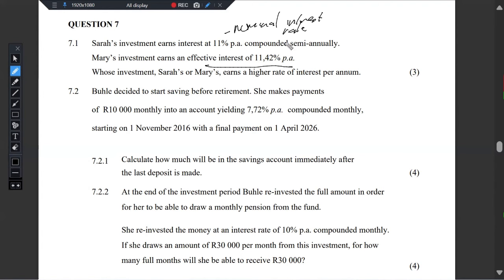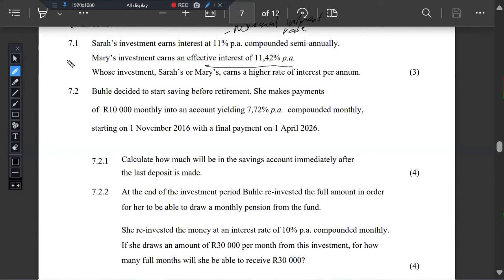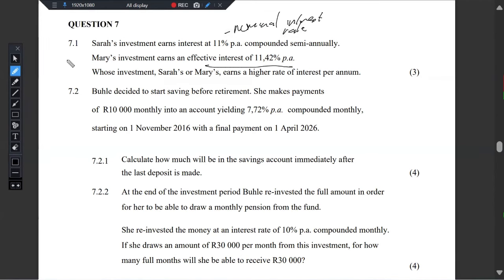So you already know that most of the time when it comes to your questions in financial maths, the first question they are going to ask you is nominal rate to effective rate. But this time they were smart in presenting that question. They did not make it obvious. So you can find yourself doubting that you should do that. But here it is the same question.